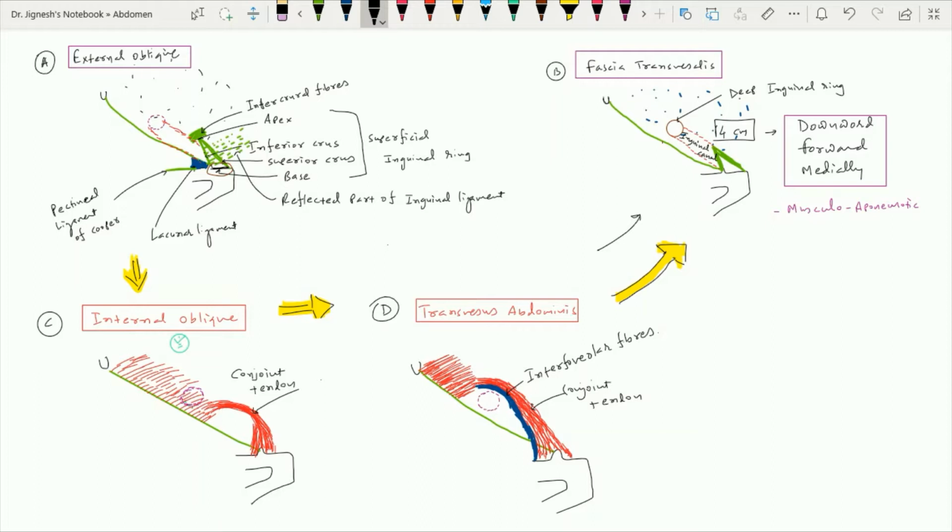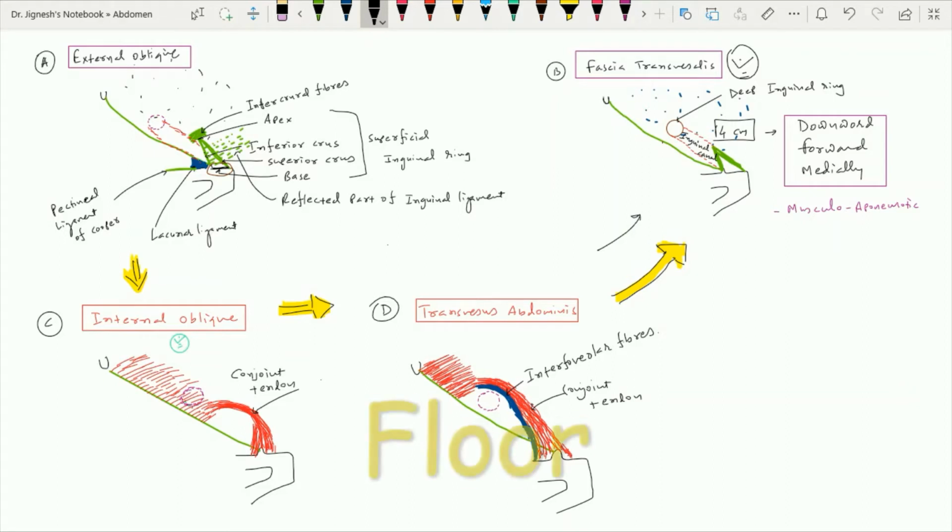But both these structures, the conjoint tendon as well as the reflected part of the inguinal ligament, form the posterior wall only in the medial part of the inguinal canal, while the posterior boundary of the whole length of the inguinal canal is going to be formed by the fascia transversalis, because it is present just posterior to the inguinal canal.